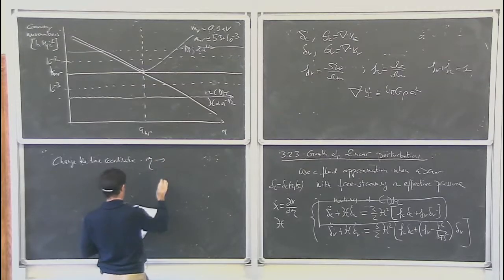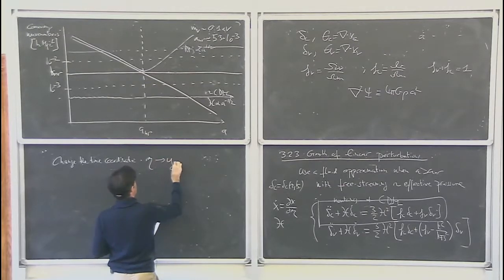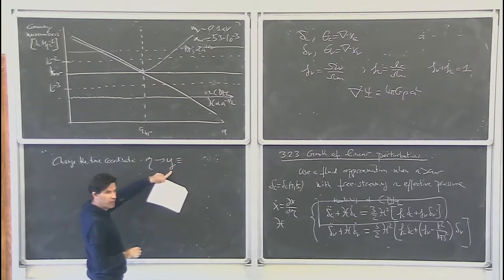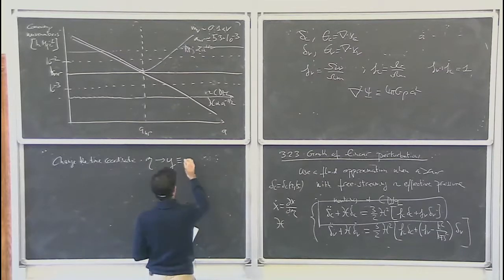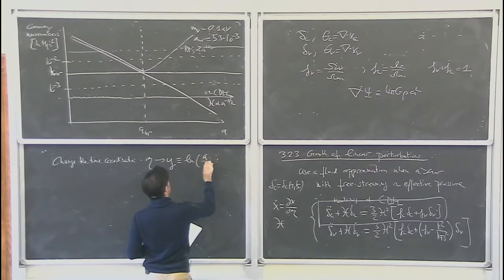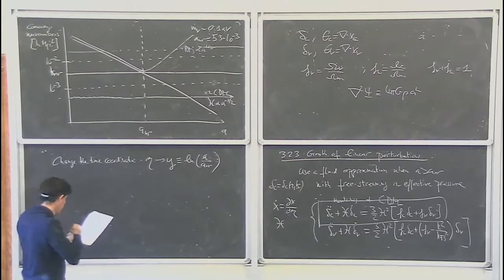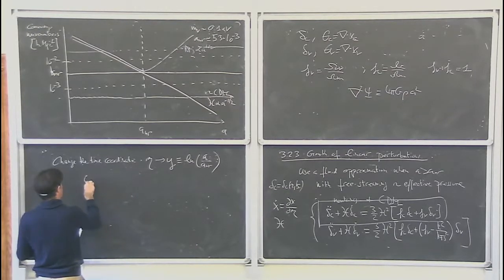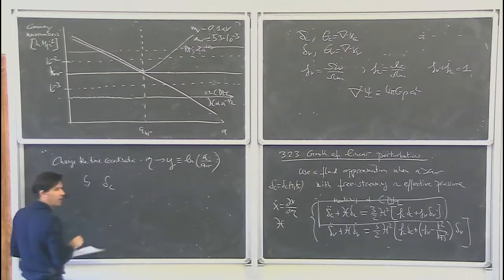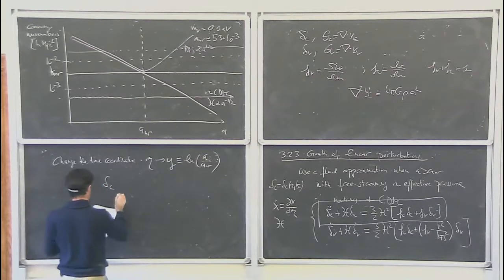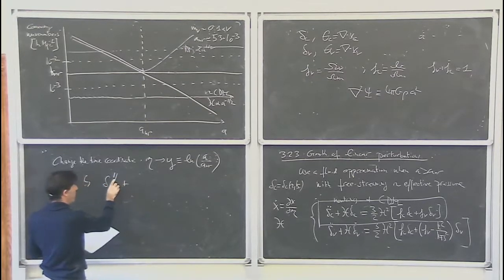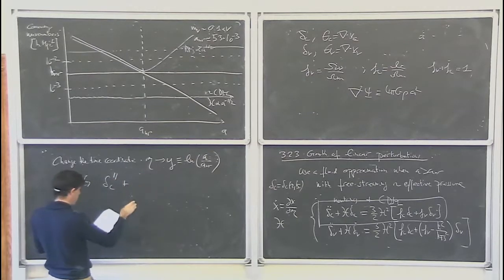From the conformal time, you introduce a new time variable, which I call y, which is the ln of a divided by a_r. If you do that, the linear growth equation for cold dark matter perturbation takes the following form. A prime is a derivative with respect to y.